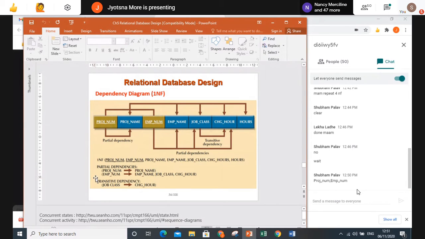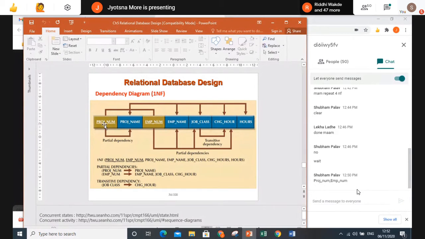Below that, F2 colon. Project number, comma, EMP number, determines, meaning arrow. The word determines means use an arrow. See how I am writing this.